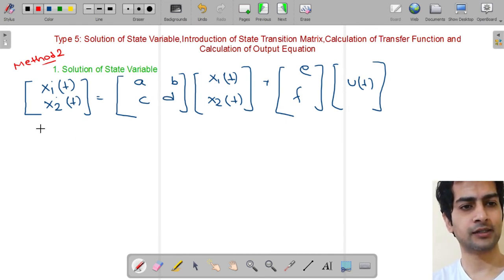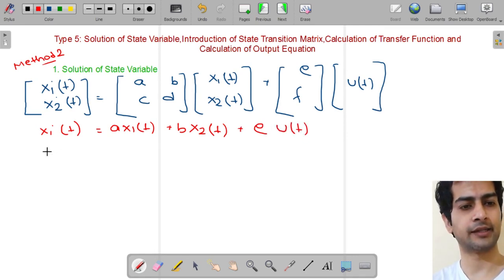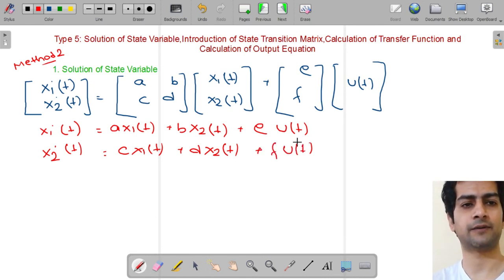Let we expand it. After expanding we will get something like this: x1 dot t equals a x1 t plus b x2 t plus e u t, and expanding x2 dot t, we will get c x1 t plus d x2 t plus f u t.